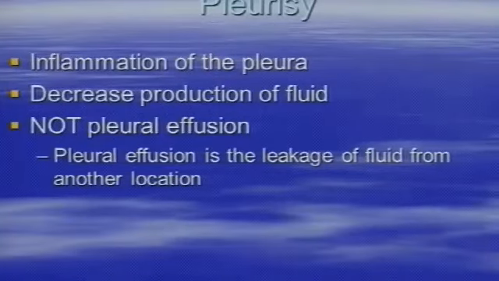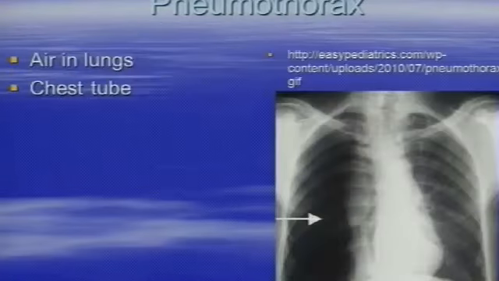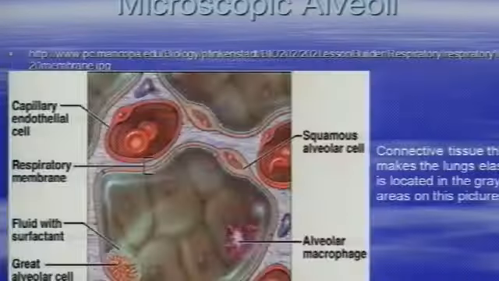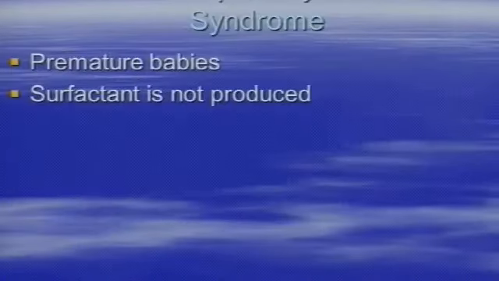Where do we see it upon lateral x-ray? Is it going to be more in the anterior or posterior? Posterior. When we look at the lateral recesses of the lungs, let me see if I have a lateral x-ray. I don't think I do.